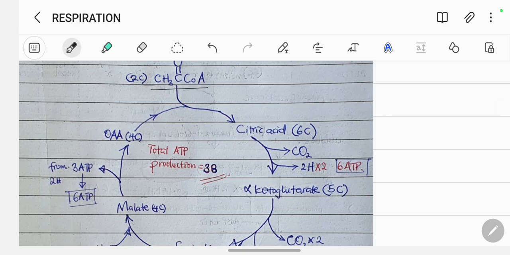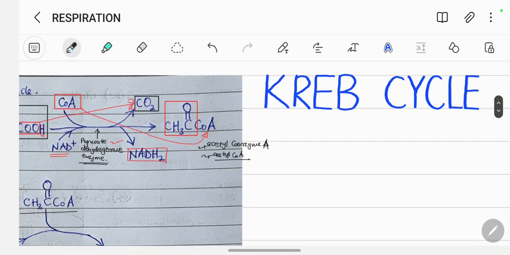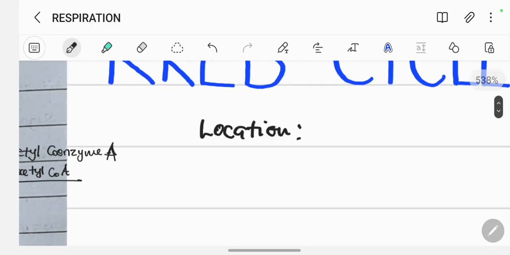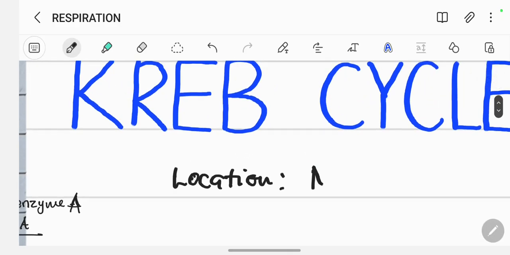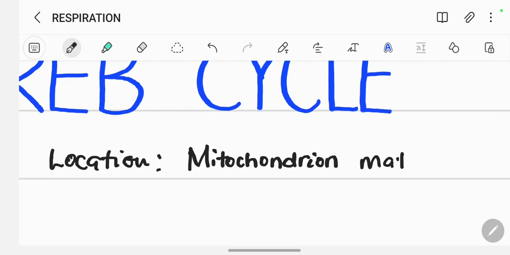But what we have to realize is that the location is the mitochondrial matrix, that fluid within the mitochondria.